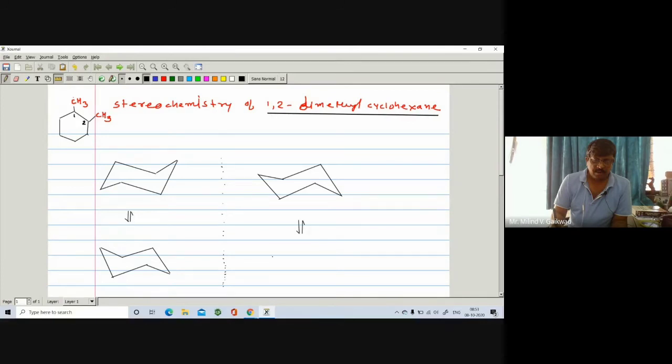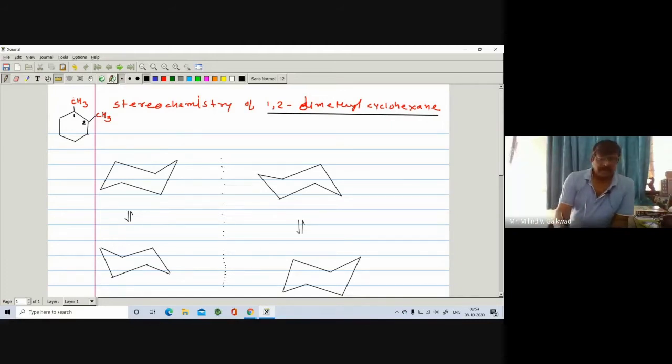In a similar way, we have to write down the corresponding mirror images. You just have to make some practice, then you can write the structure of this one.